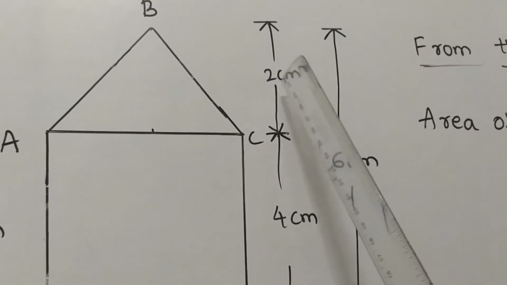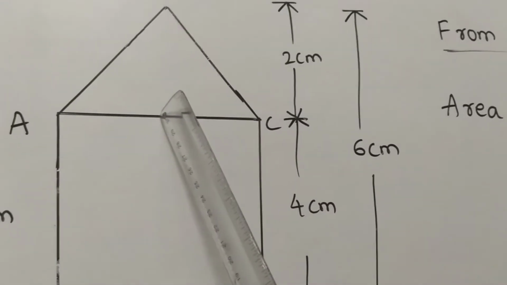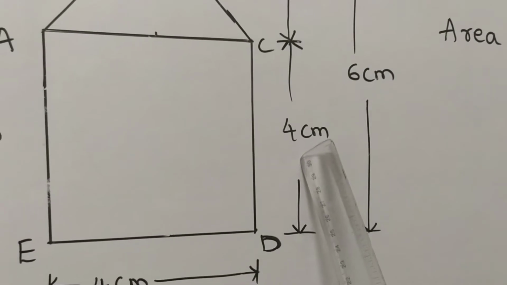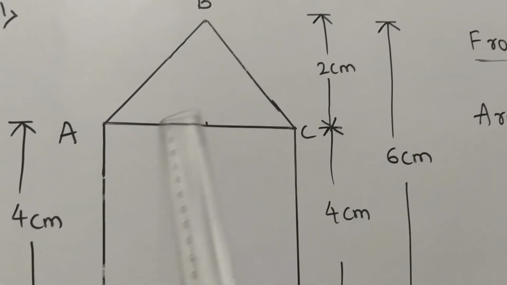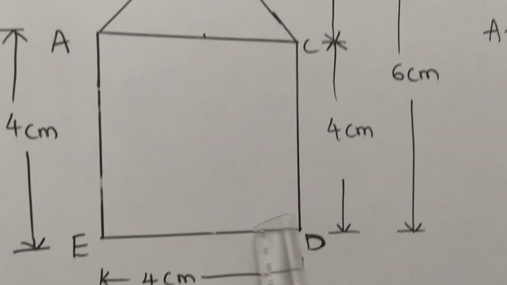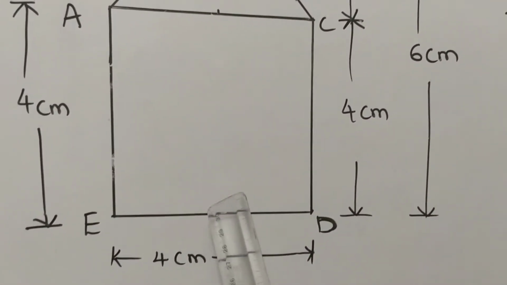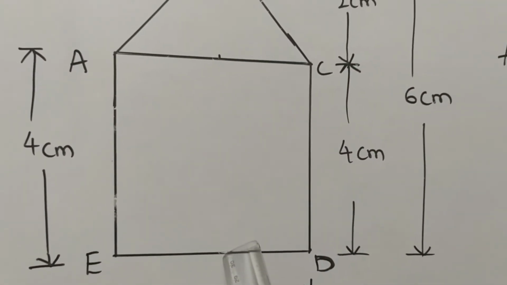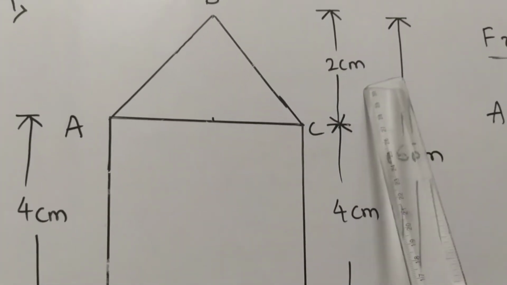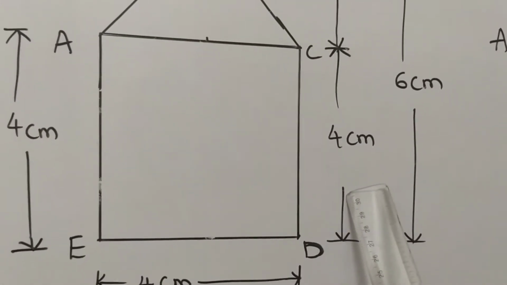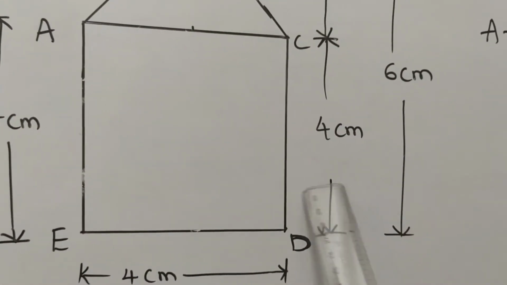Now this 2 centimeter is the height of this triangle and 4 centimeter is the side of the square, and here the base of the triangle is also 4 centimeter, students, because these two sides are the same. Hence the base of the triangle is 4 centimeter and the height of the triangle is 2 centimeter. Side of the square is 4 centimeter.